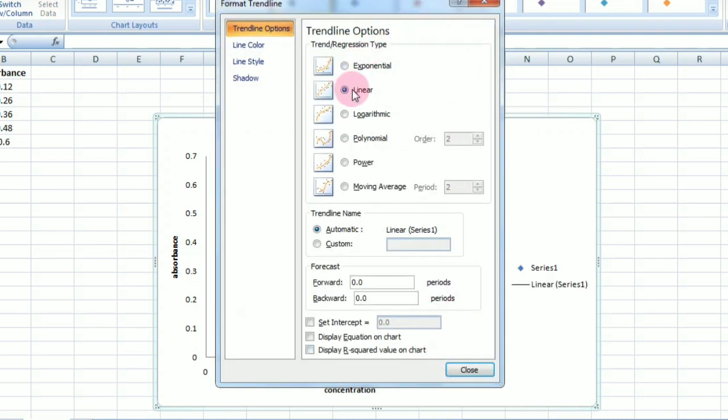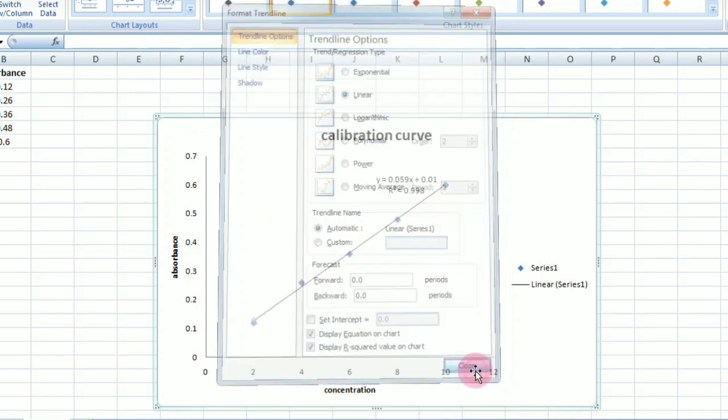This sort of a window will open. The linear is already selected, let it be. Then select display equation, that is the regression equation, on the chart, and display R square value, that is the regression coefficient value, on the chart, and then close it.